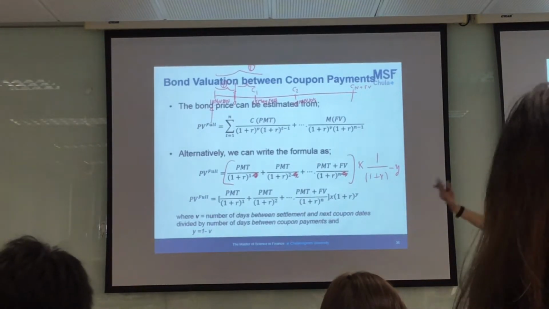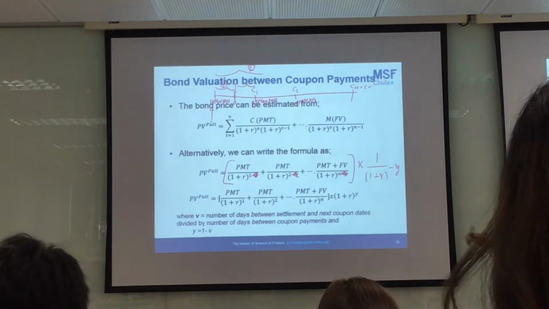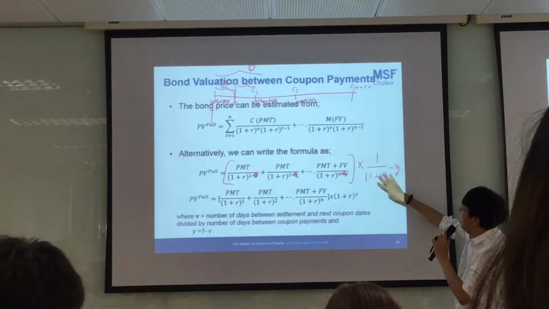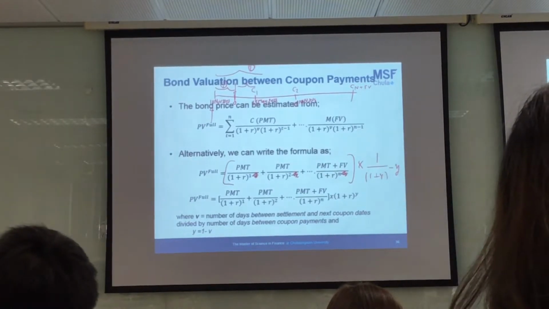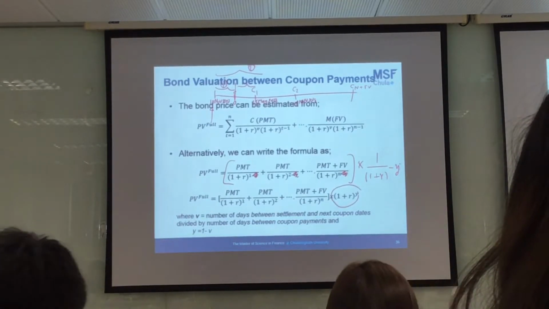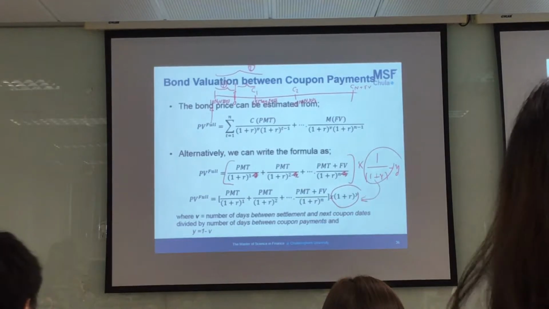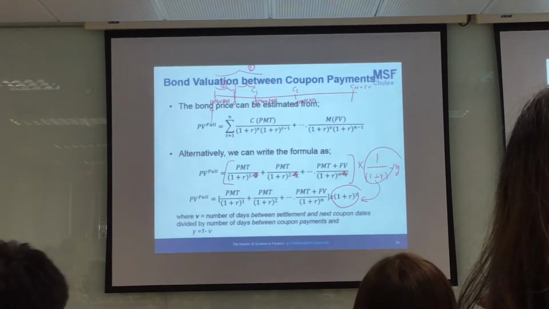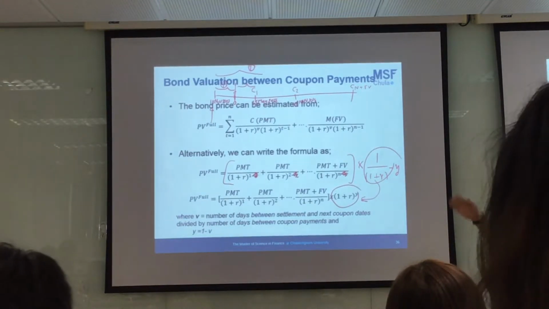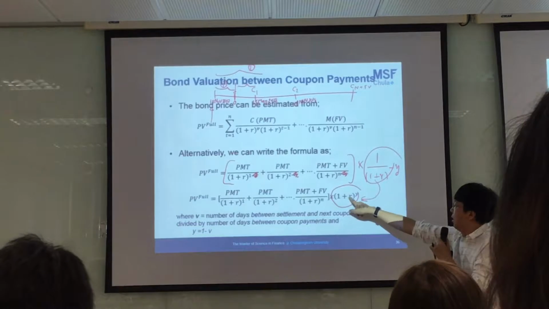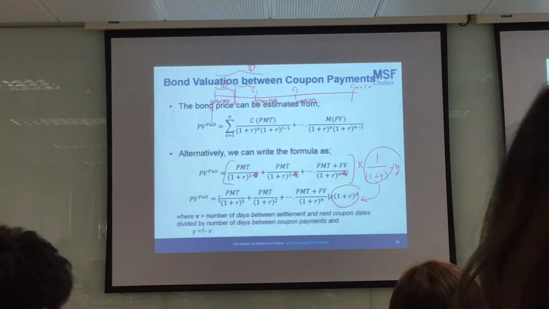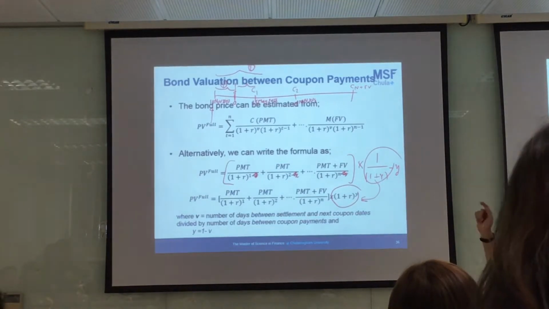However, we want to know the price at time 0. So you just use the reciprocal, which is 1 plus R to the power of Y. Basically you just compound from 15 November to time 0 by multiplying by 1 plus R to the power of Y. Here X is multiplication, sorry.